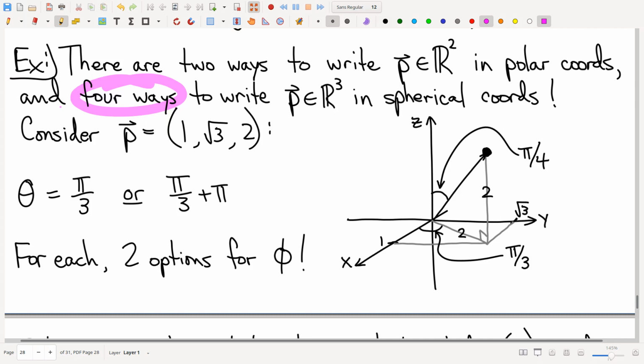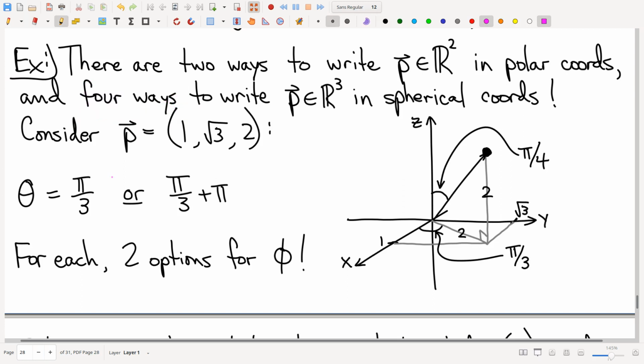Okay, technically there's infinitely many ways because you can always add 2 pi, but aside from this freebie of adding 2 pi anytime you want, basically there's 2 ways to do a point in polar coordinates. You can either have theta pointing in exactly the right direction, or you can have theta pointing in exactly the wrong direction, right? And then r just is negative to account for that. Okay, so there's 2 spherical angles and thus 4 sets of spherical coordinates.